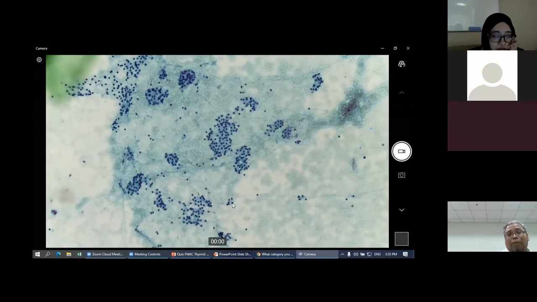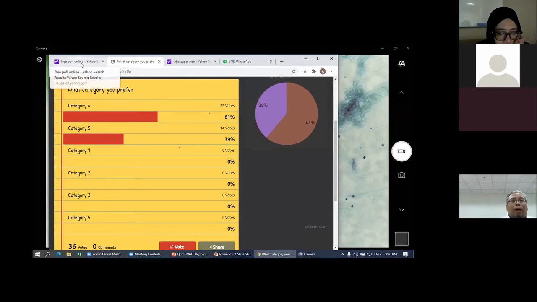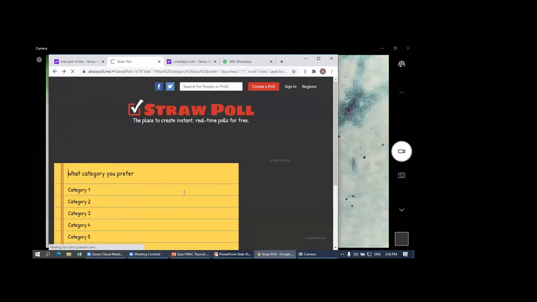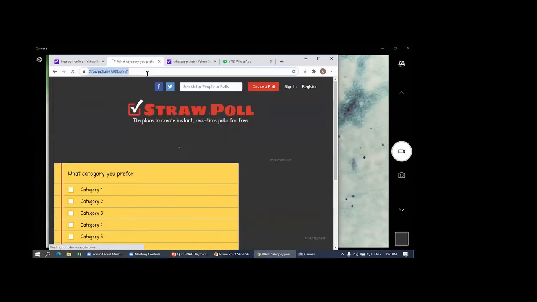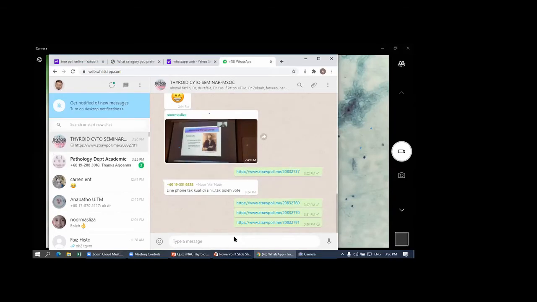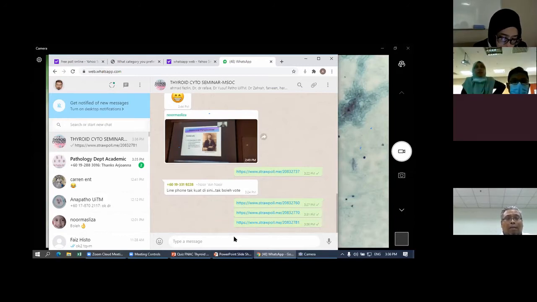There's some microfollicles as well, but the majority are microfollicles. So let's see what your preferences of diagnosis are. Let's do this one by one. It's in already. You can vote.